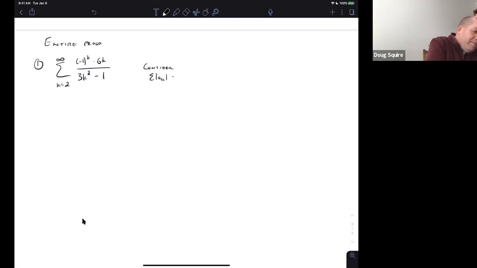So the sum of the absolute value of a_k, that is the sum 6k over 3k squared minus 1. Okay, so we're going to consider that. We're going to then compare to the sum 6k over 3k squared, which simplifies to 2 times the sum 1 over k.